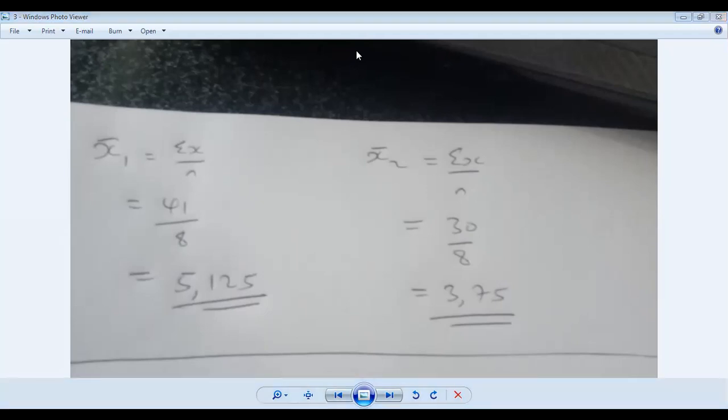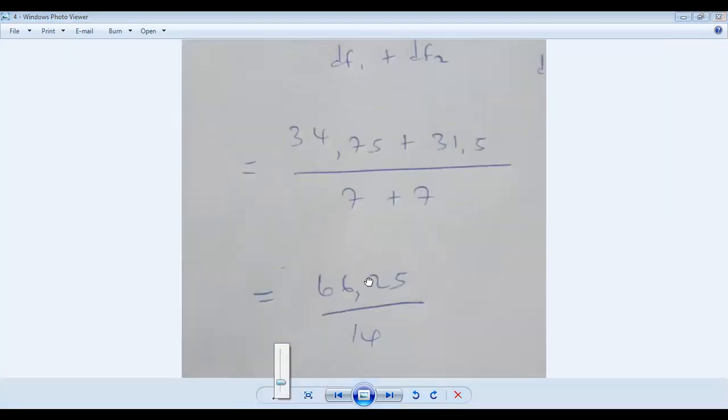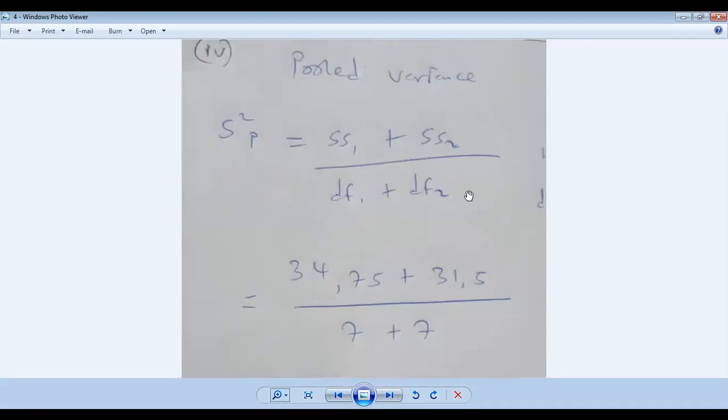We go to the next step. All right, there we are. We need to calculate the pooled variance. Pooled variance is equal to summation of scores for group 1 plus summation of scores for group 2 over degrees of freedom for group 1 plus degrees of freedom for group 2.